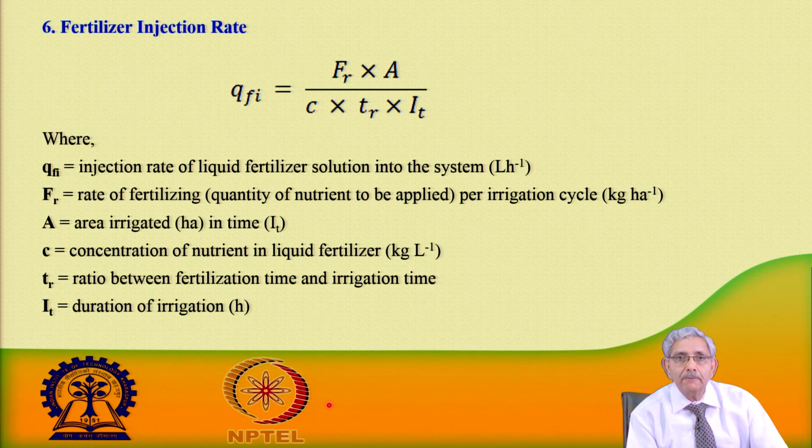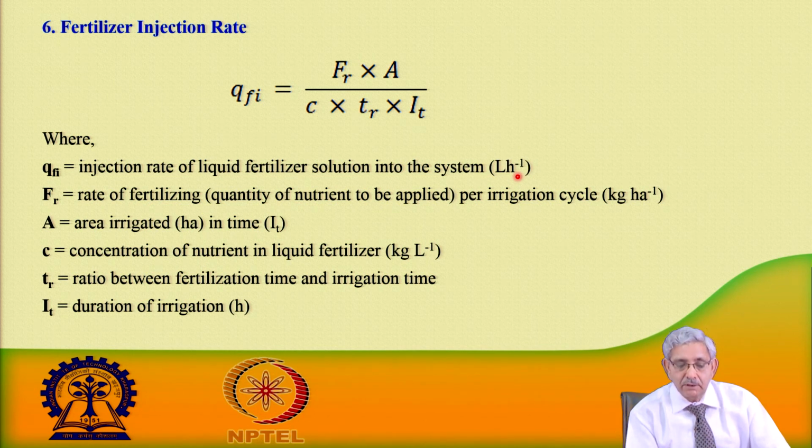The fertilizer injection rate QFI can be computed by using an expression involving the rate of fertilization, that is, the quantity of nutrient to be injected into the system, which is given in liter per hour, and the area irrigated in hectare.